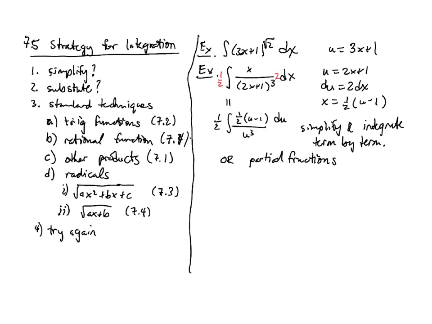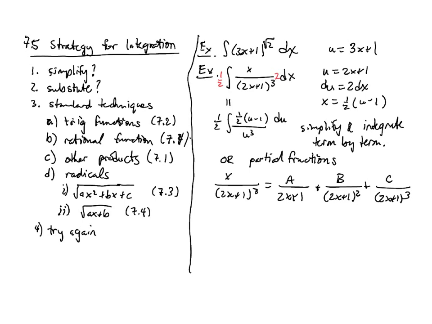Because then you would write x over (2x plus 1) cubed as A over (2x plus 1), which you know how to integrate, plus B over (2x plus 1) squared, which you know how to integrate, plus C over (2x plus 1) cubed, which you know how to integrate. Okay?